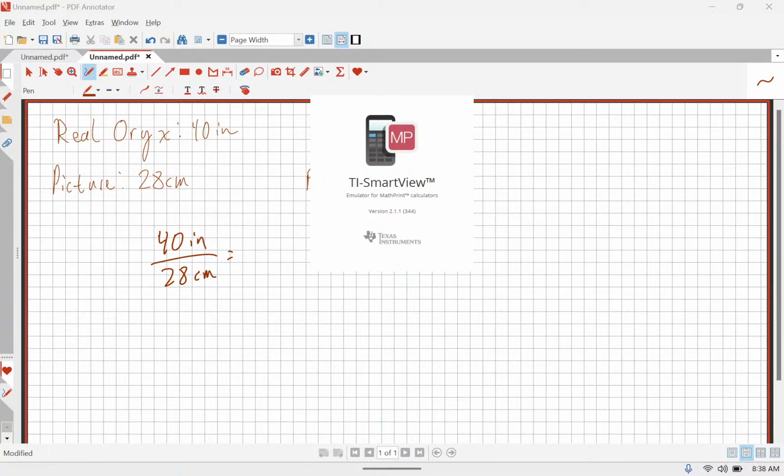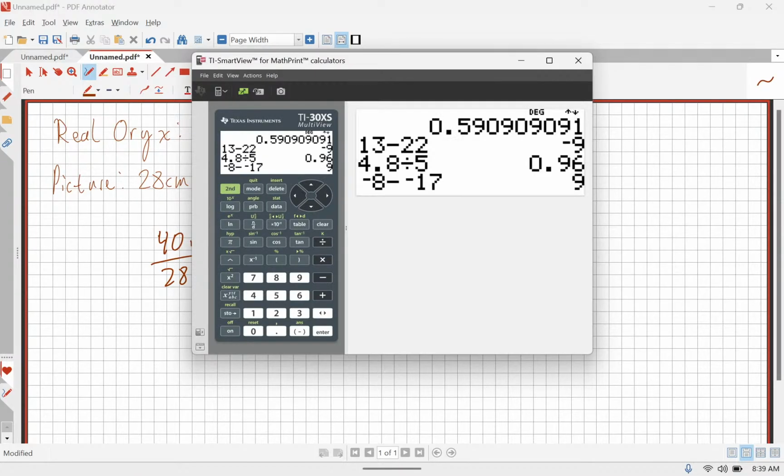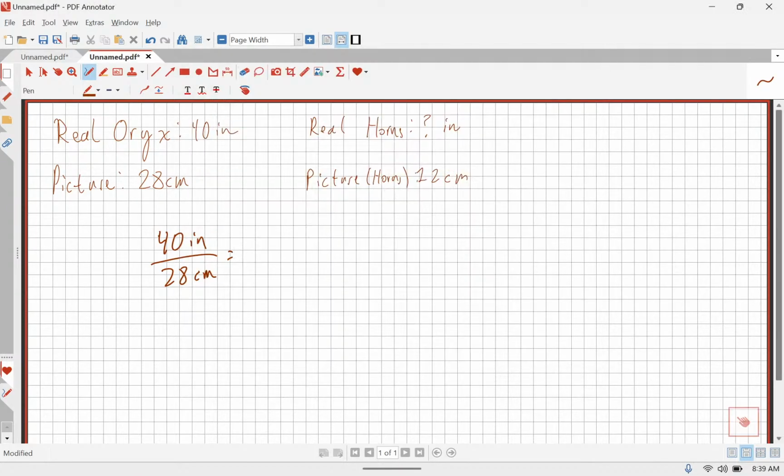TI SmartView emulator software for the TI-30X/TI-34 MultiView calculators, Texas Instruments, validating software license. Guys, look, you needed to put your heart into it. You guys were like half asleep. Next time you got to put your heart into it. It could tell you weren't doing it for realsies.